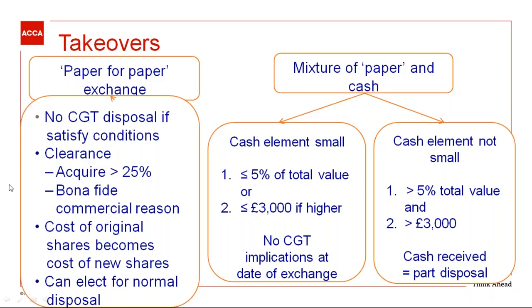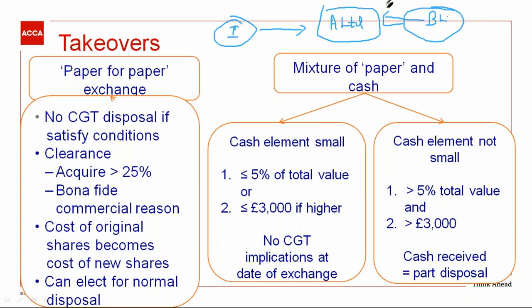There what happens is an individual has bought shares in a particular company, say A Limited. And now this A Limited is acquired by B Limited. Assume all the shares of A Limited are 100% acquired by B Limited.